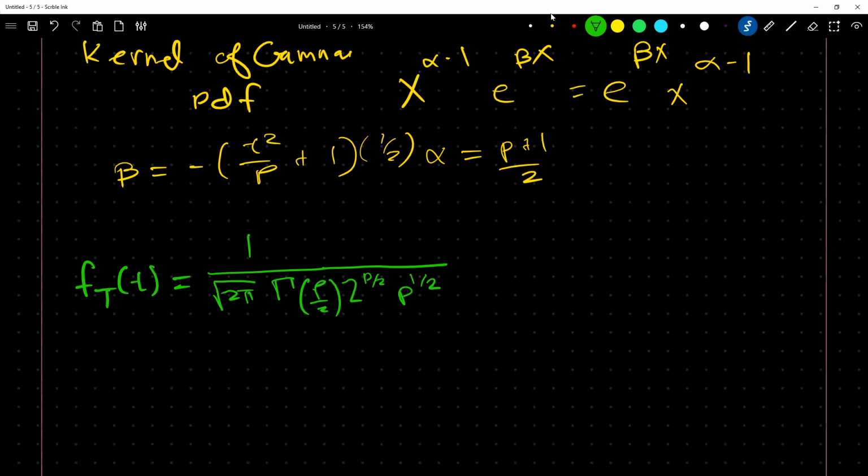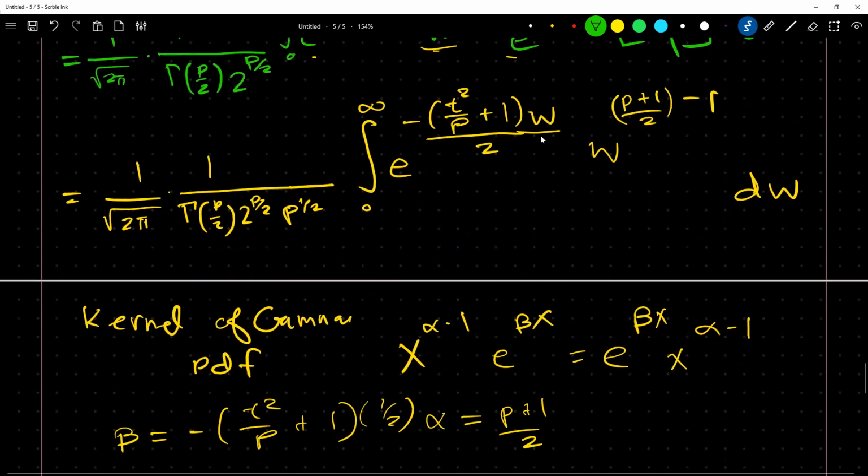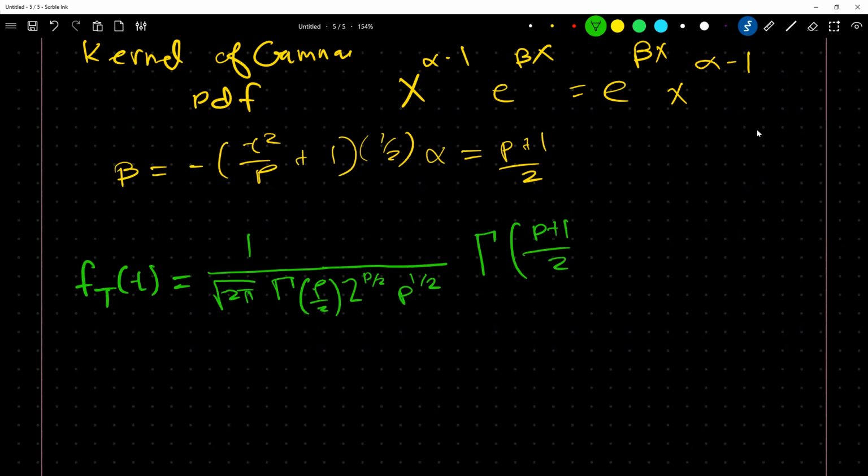And now we're replacing our integral with our gamma. I'm going to write it like gamma of (p plus 1) over 2, times 2 over (1 plus t squared over p), to the power (p plus 1) over 2.